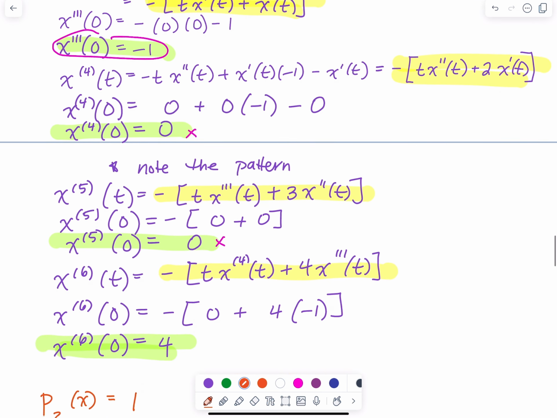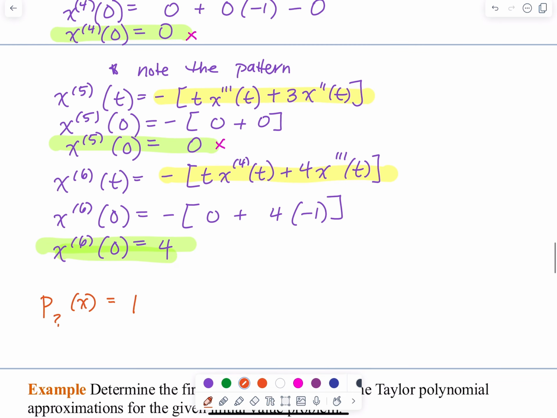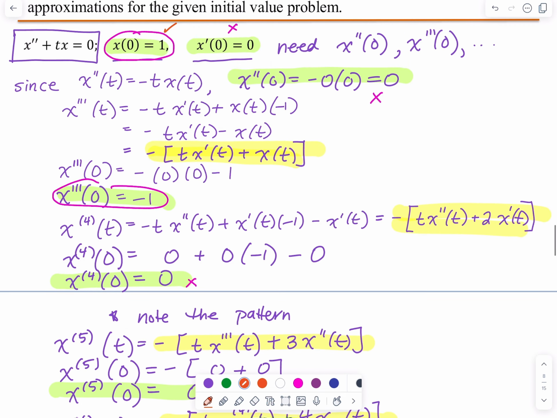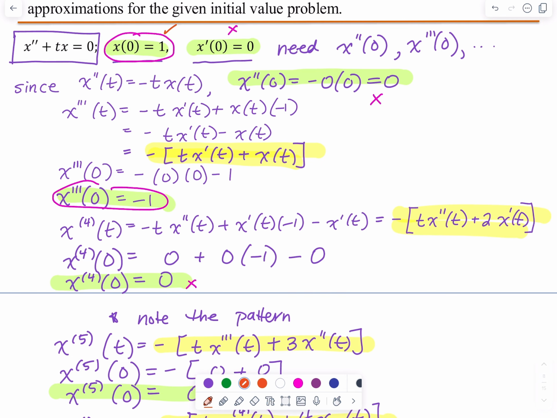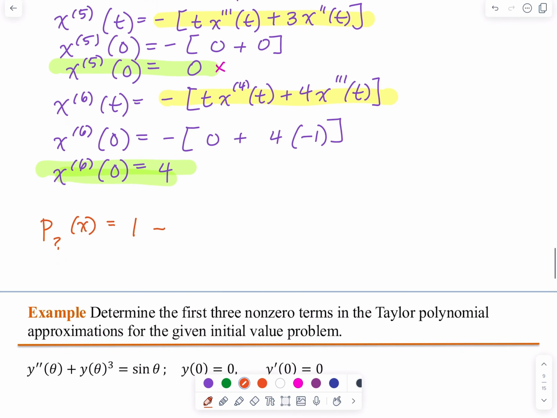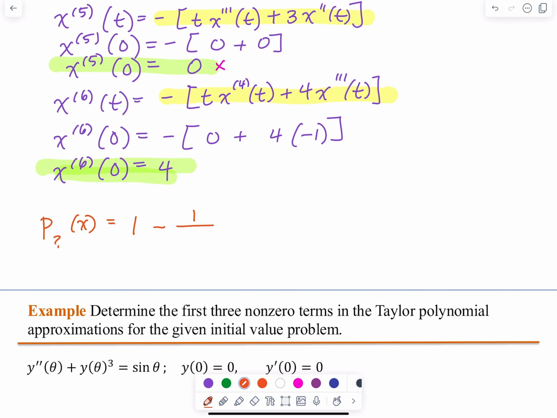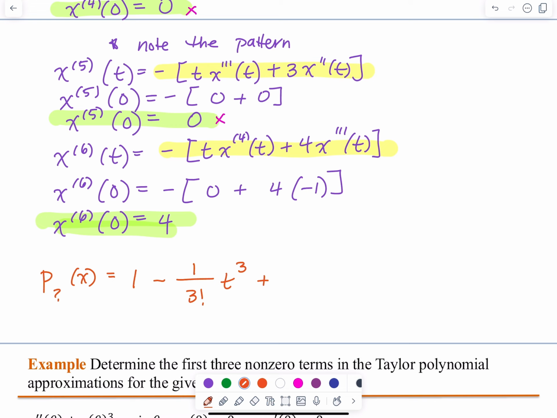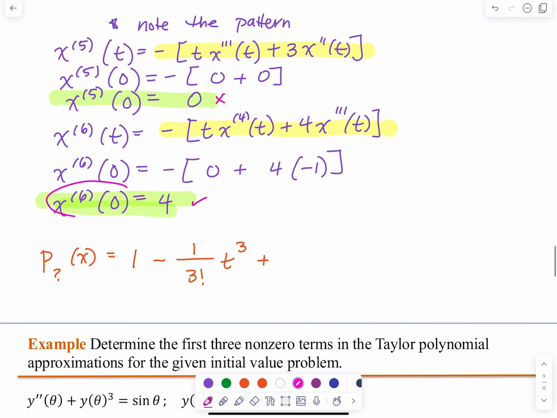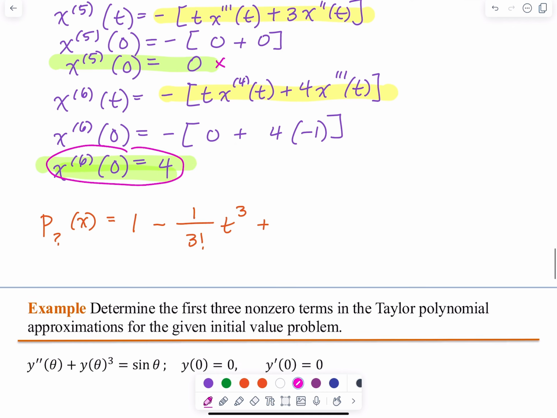And then we'll need our next non-zero, which was our x triple prime of 0. So that's going to be a minus, and that was a 1 divided by, and that's a third degree term, so this would be t cubed plus, and here is our third, and I'll just go ahead and circle it, value, and that is from the sixth derivative.